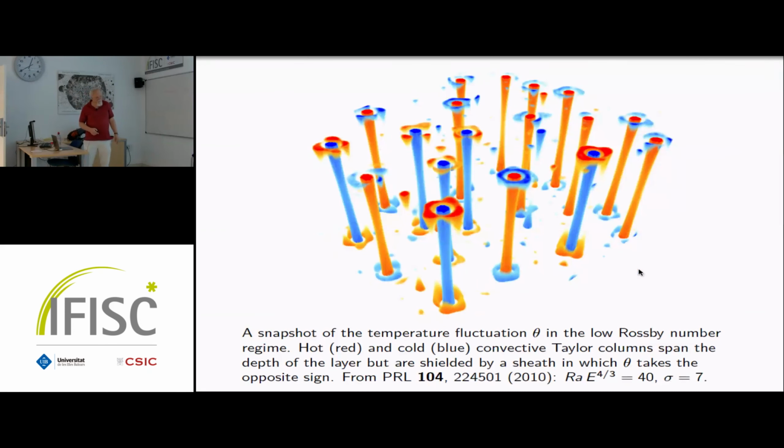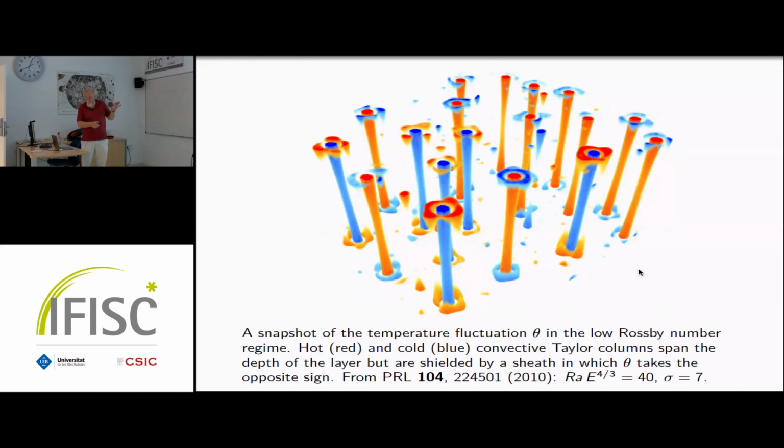But the thing I want to emphasize, the structures that you see in these kinds of flow look like this. So this is actually the temperature, but the vorticity plot would look very similar. You have a core of one sign surrounded by an envelope of the other sign, just like we saw in the two-dimensional problem. This envelope actually extends all the way across, but for visualization reasons, the color table was chosen in such a way that you don't see it over here.